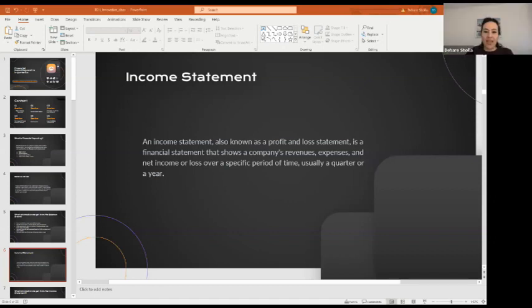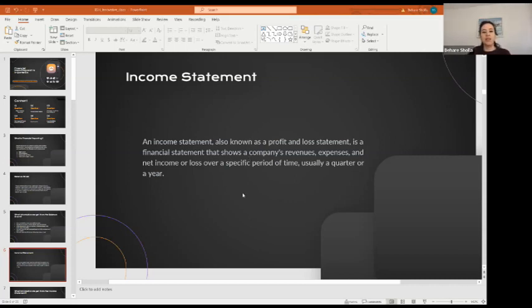Thank you. And so we'll go with the income statement, which is also a very important financial statement, which provides information on how the company performed during, for example, one year. But it can also be prepared for 6 months or 3 months, depending on the need for this financial report.